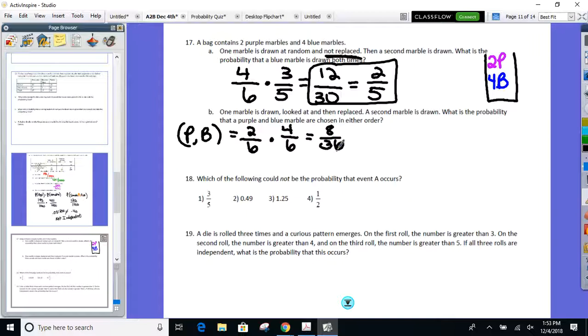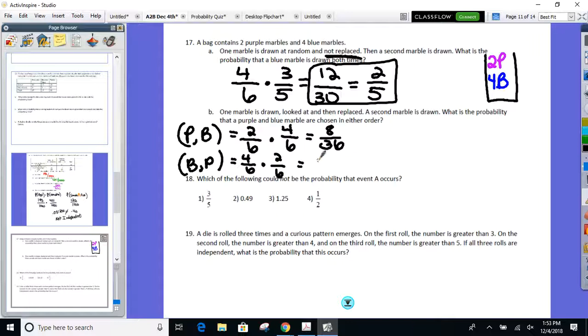That's not my final answer, though. Why not? Because it said either order, right? So now we got to also do what? Blue and purple. And some of you I know are already going, it's going to be the same thing. Is it? Blue? 4 out of 6. Put it back in. Purple. You are correct.